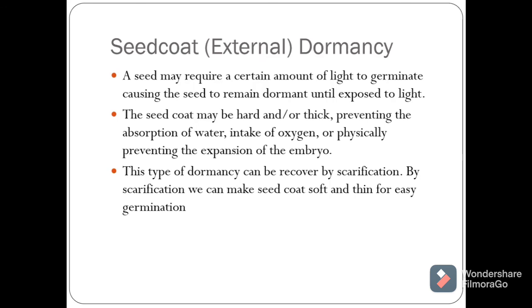This type of dormancy due to the seed coat can be overcome by scarification, right? By scarification we can make the seed coat soft and thin for easy germination. Scarification means we rub the surface of seeds with some rough surface, and then the seed coat will be softened, and then seed germination will occur.